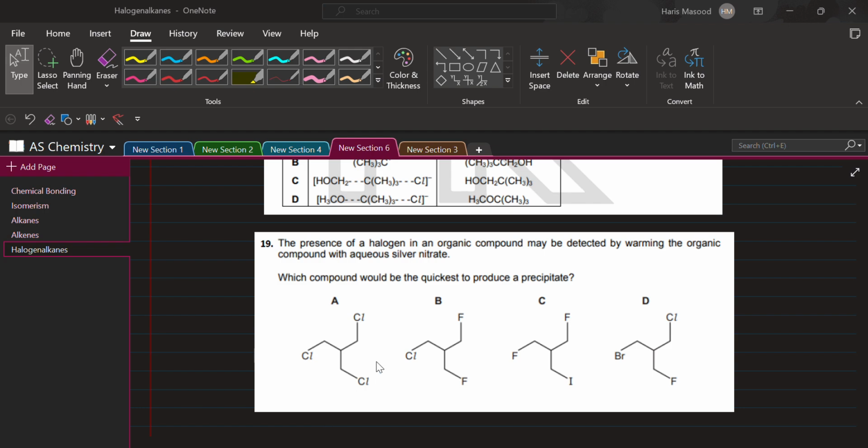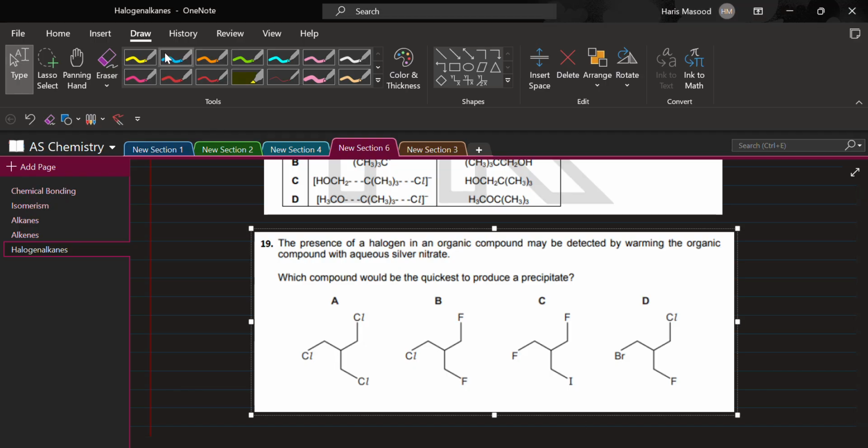It should be so reactive that it breaks away easily from the carbon.